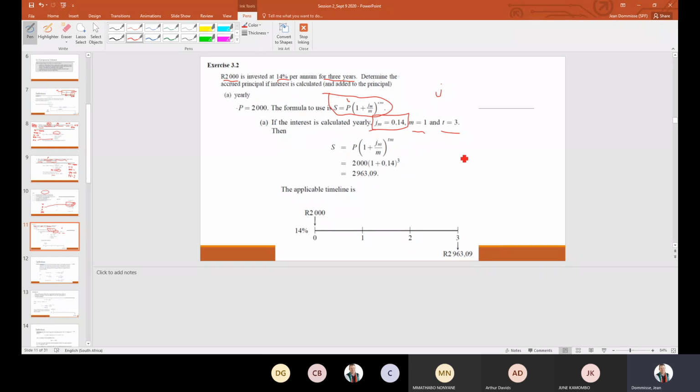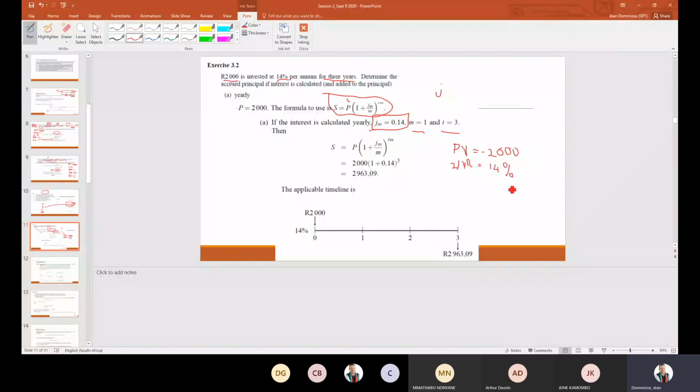So let's quickly do what I would have done on the calculator. My present value would have been minus 2,000, so that my future value will be a positive. My interest per year is 14%.